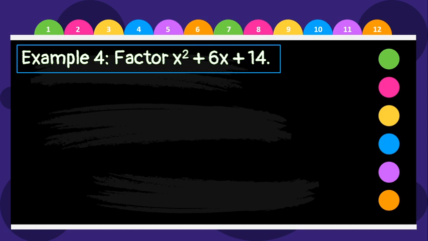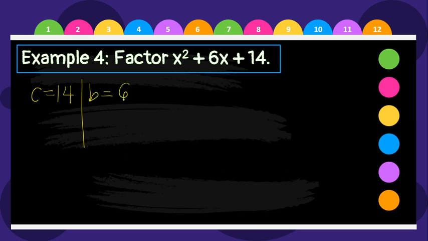Another one, we have x squared plus 6x plus 14. Since we have positive 14 and positive 6, we're going to have positive factors only. C is 14 and B is 6.